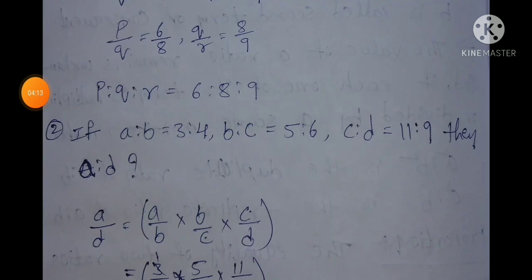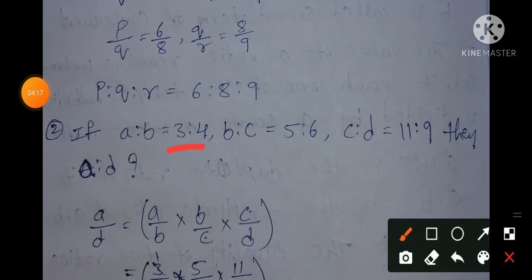If A is to B equal to 3 is to 4 and B is to C equal to 5 is to 6, then C is to D equal to 11 is to 9, then A is to D we need to find. A is to D is nothing but A by B into B by C into C by D. So A gets cancelled, C gets cancelled, remaining A by D only.